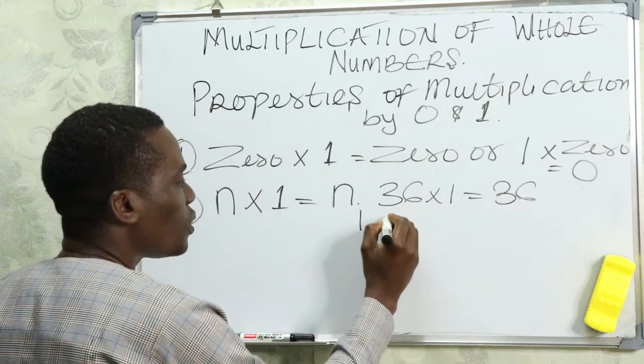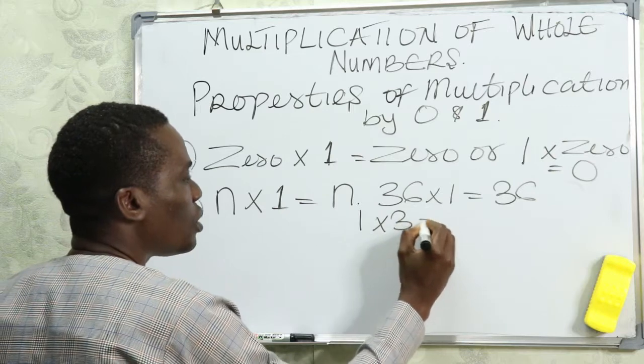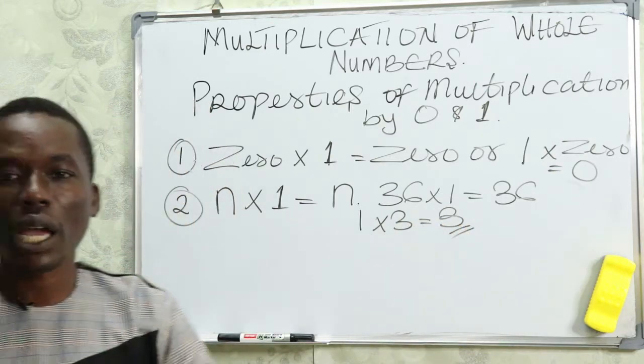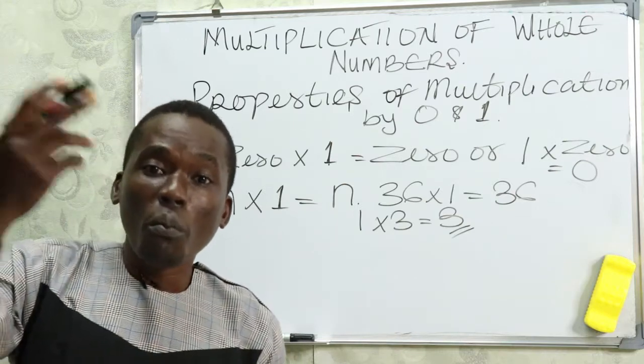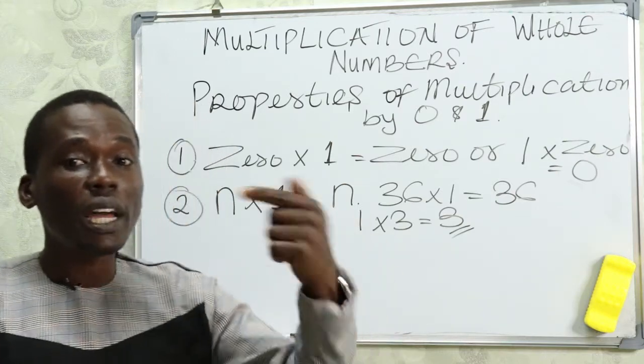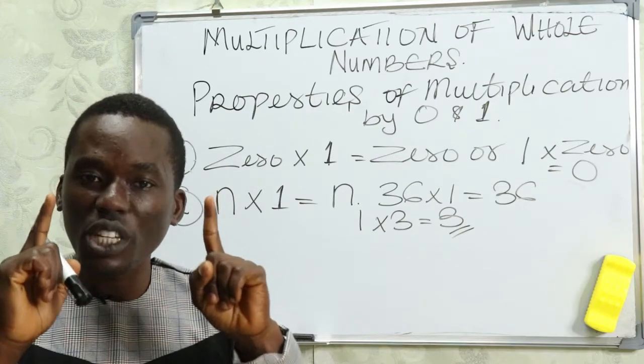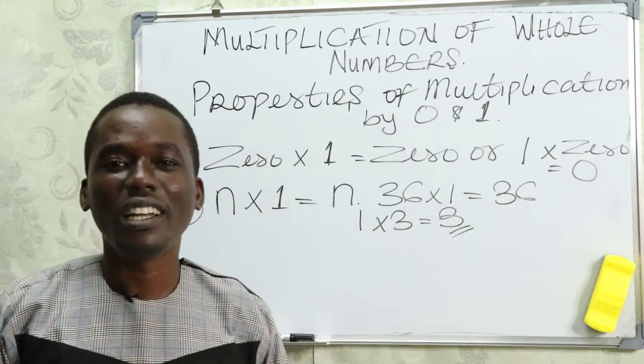If I have 1 times 3, it will give me 3. So any number multiplied by 1, or 1 multiplied by that number, is going to give you that same number itself.